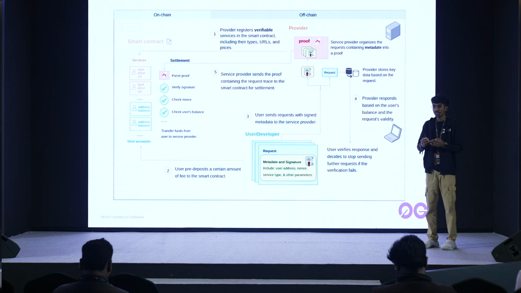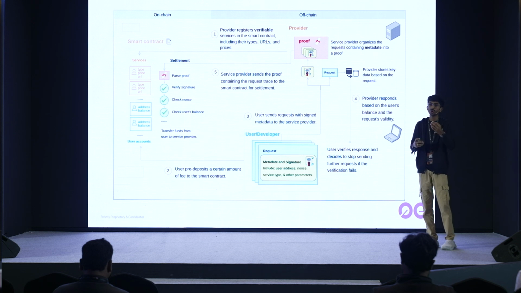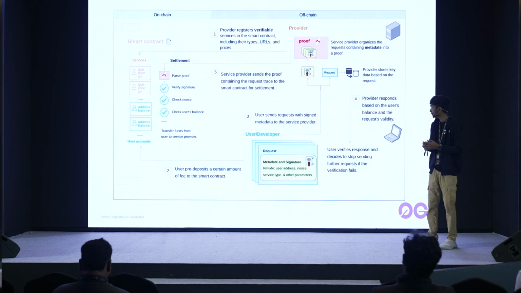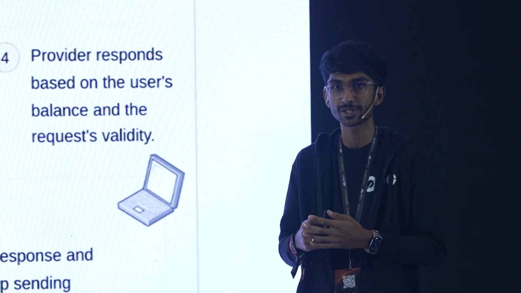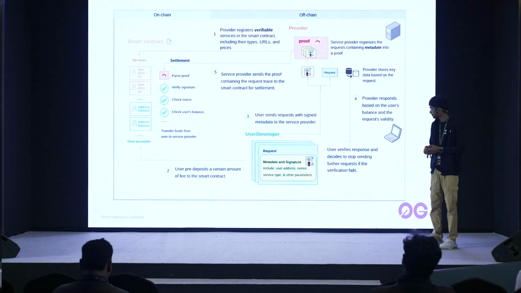But with 0G and with the architecture that I mentioned, you can get instant retrieval and high throughput. You need not sign each data transaction, and you need not pay for each transaction as well. It is auto-debited from your ledger account. So what I would like to conclude is that you get to interact the way you interact with centralized model providers, without any latency effect.